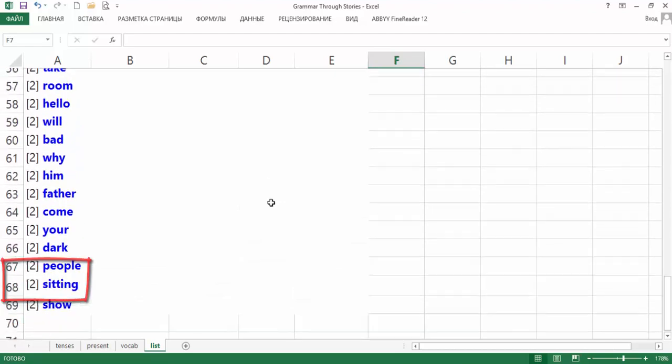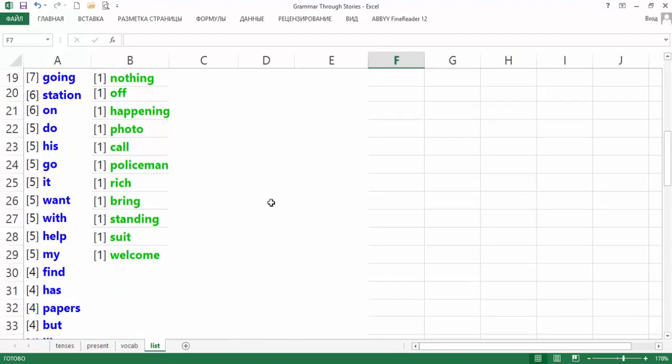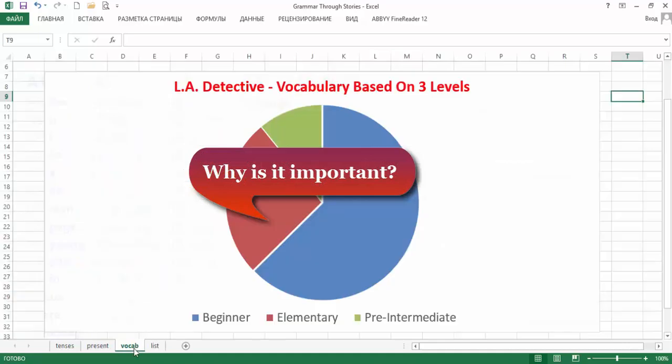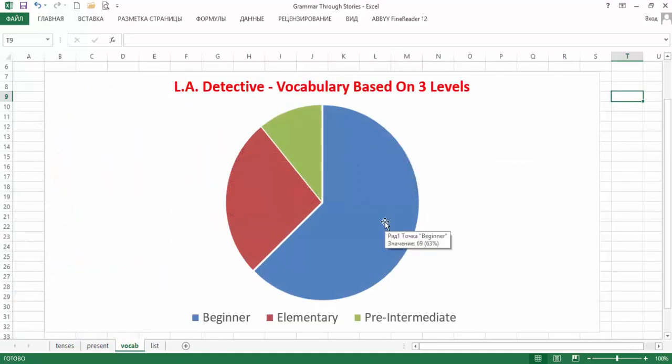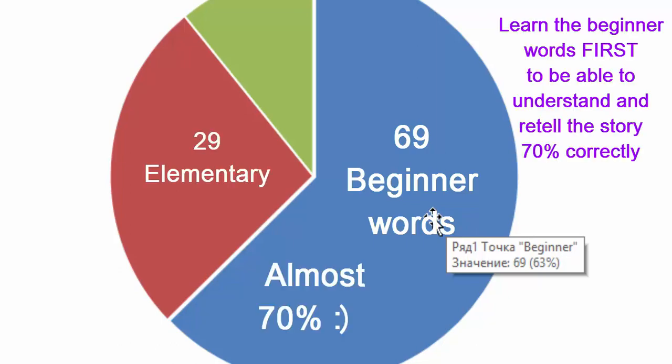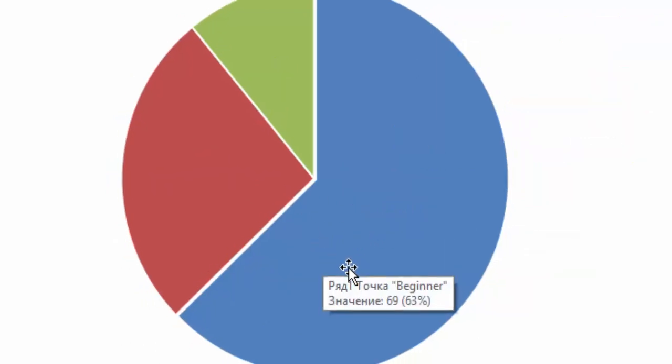As you can see, there are 69 beginner words, 29 elementary words, and 12 pre-intermediate words. Why is it important? If you simply learn those 69 beginner words, which constitute 70% of the text, you will be able to understand and even retell the entire story 70% correctly. That's the power of learning the core of the language first.